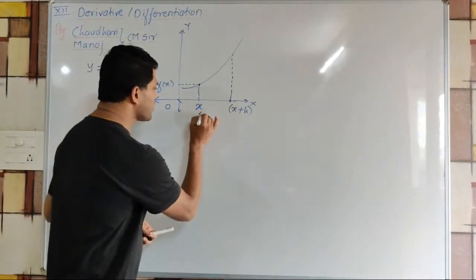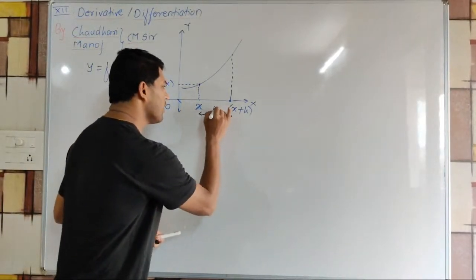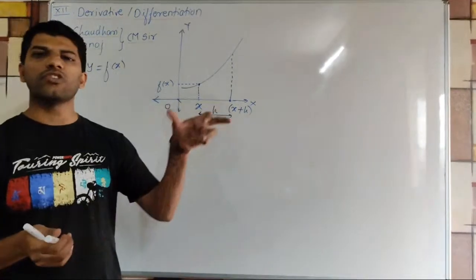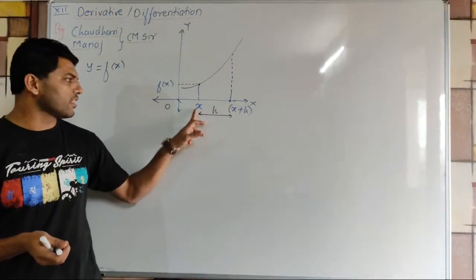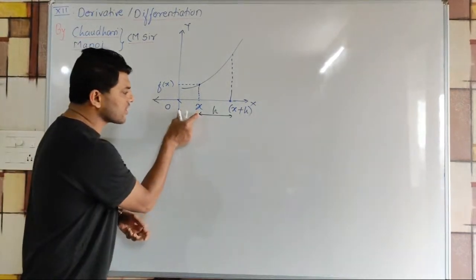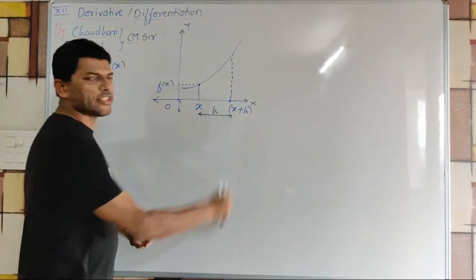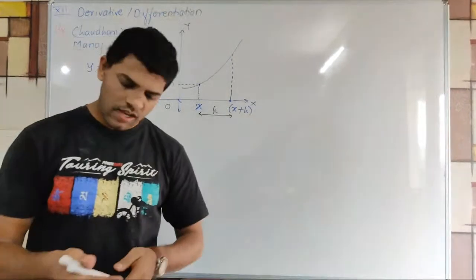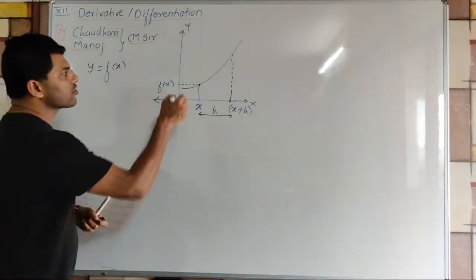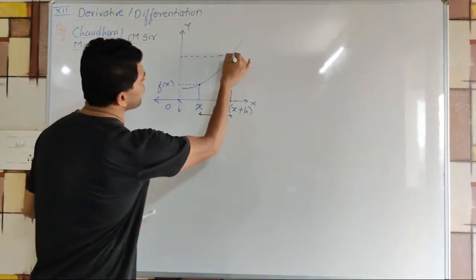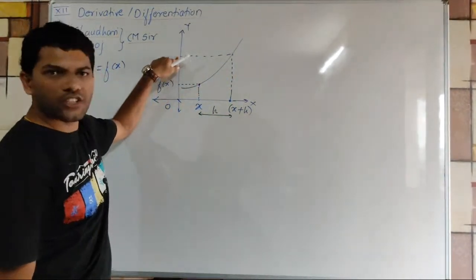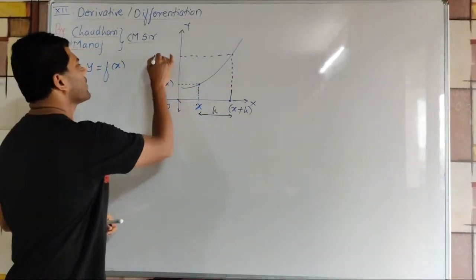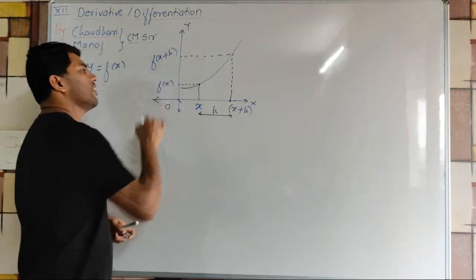H is nothing but the interval difference between these two values of x. So the next value of x is this x, meaning this distance, plus this h. Obviously the next value is x plus h. Maths is a symbolic language. So for this value of x, there is a corresponding value of the function, and let me mark it as f of x plus h.